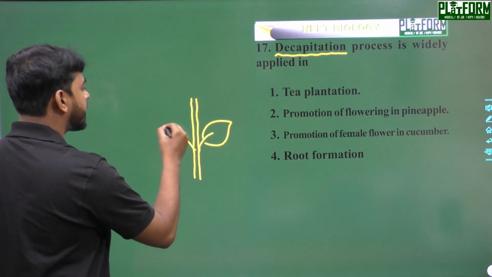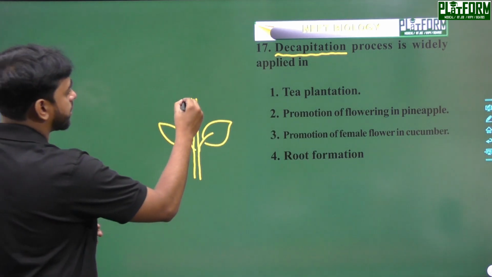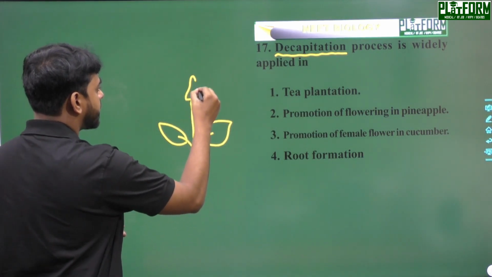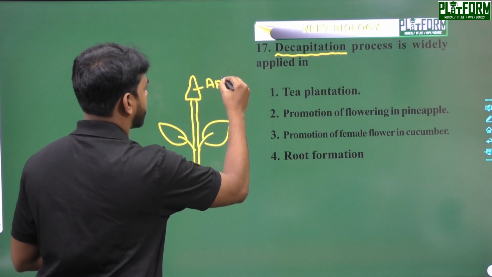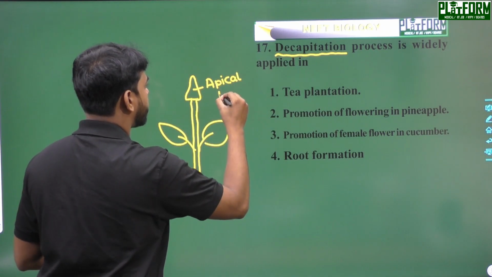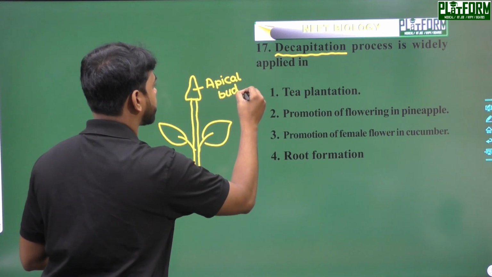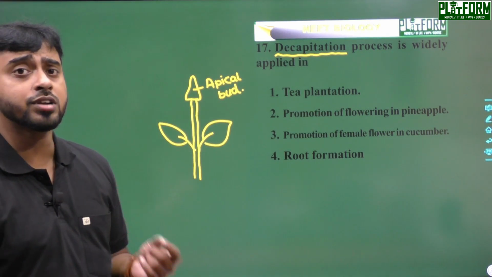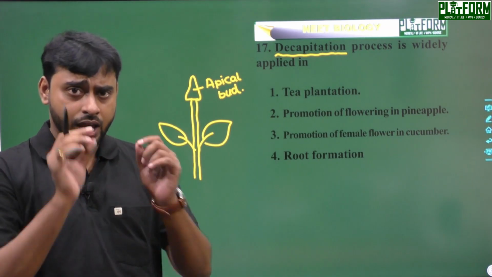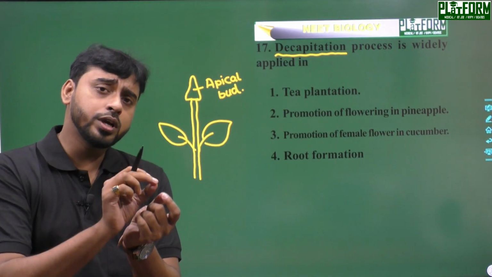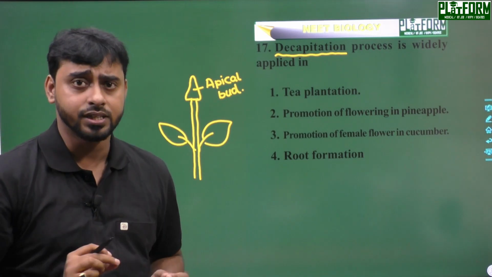And we know that the apical part of the plant is occupied by the apical bud. The apical bud, also known as a terminal bud, is responsible for the growth of the plant. It helps the plant to elongate in its height.